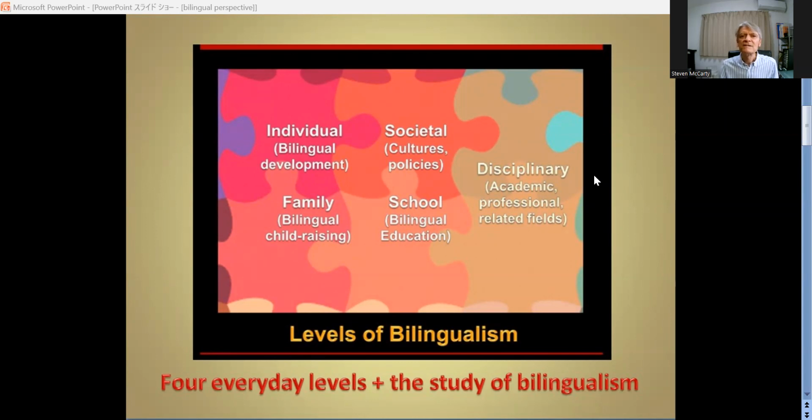The societal level is the cultures or language groups in society, or the policies toward especially minority languages and their groups. The school level is bilingual education. And one more level is the academic level, the study of bilingual phenomena.